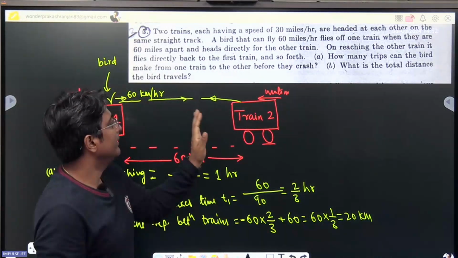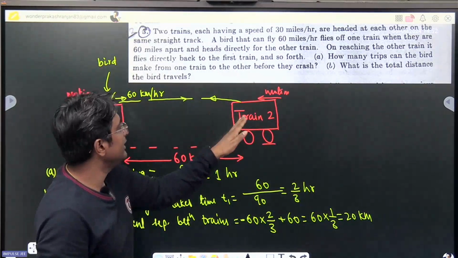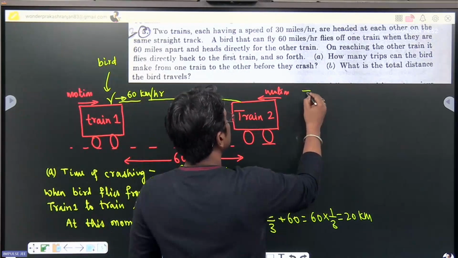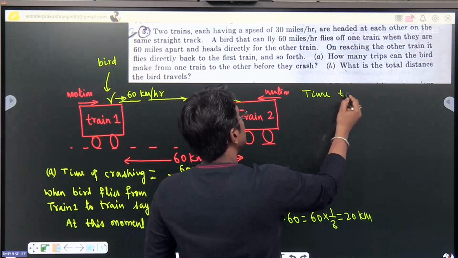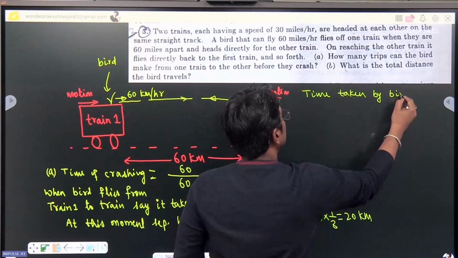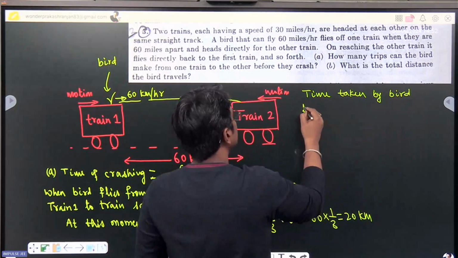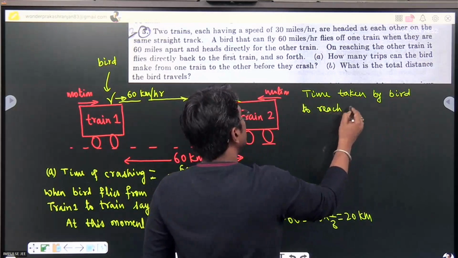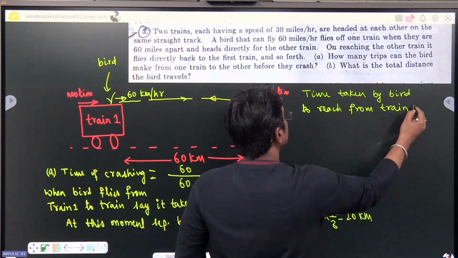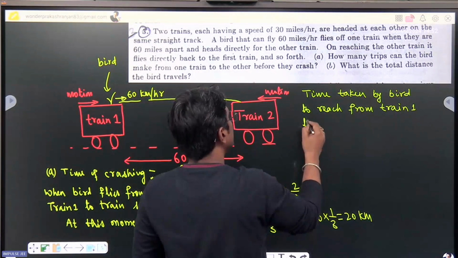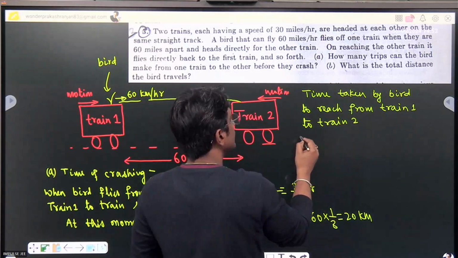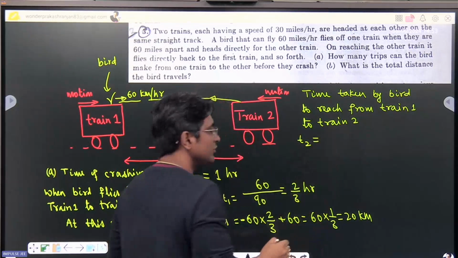So now again the time taken by the bird to reach from train 2 to train 1 can be written as, suppose, T2.